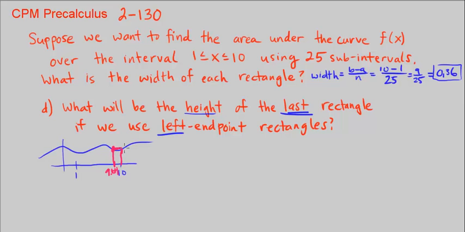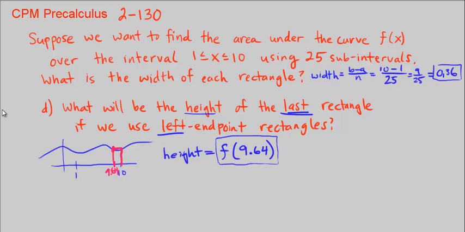Wherever that point touches our curve is where we get the height of the rectangle from. So the height is going to be where we plug in 9.64 into our function f as the input, right? So that's how we get the height for part D.